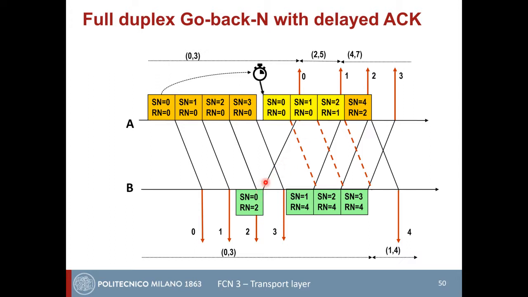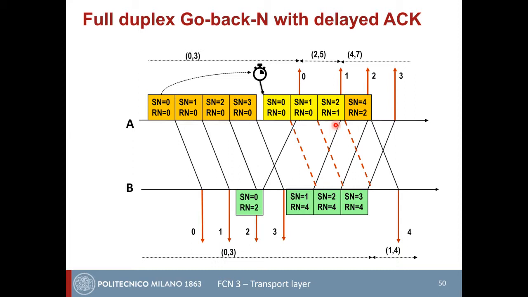Here A receives Sn equal to 0 with Rn equal to 2, which makes the window slide by one position, from 2 to 5. Then at a certain time, after a while, since all the packets already arrived correctly in B, A receives this other frame from B with Rn equal to 4, that is a cumulative acknowledgement.